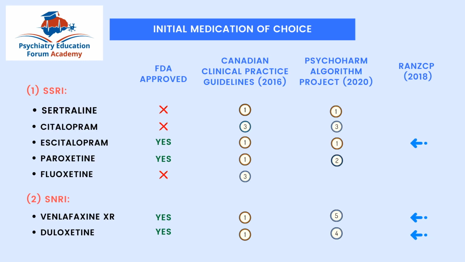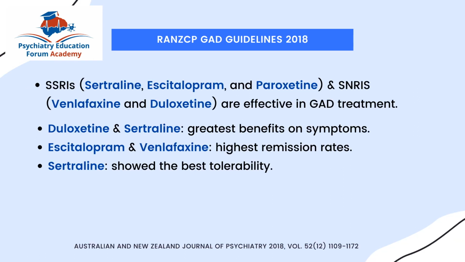So let's go back to our table. Based on RANZCP, escitalopram, venlafaxine, and duloxetine are good options. How about sertraline? Well, they mentioned that sertraline has the best tolerability. We saw the greatest benefit on symptoms, but best tolerability was for sertraline.